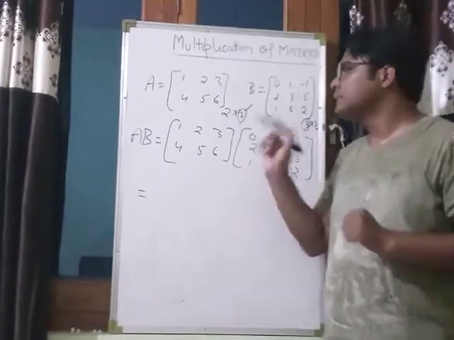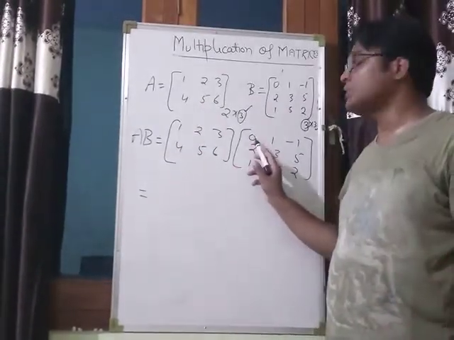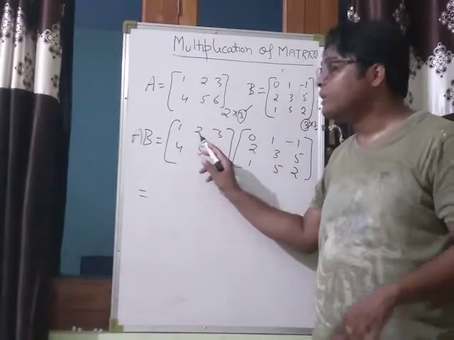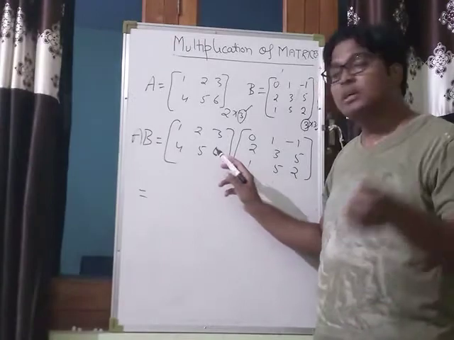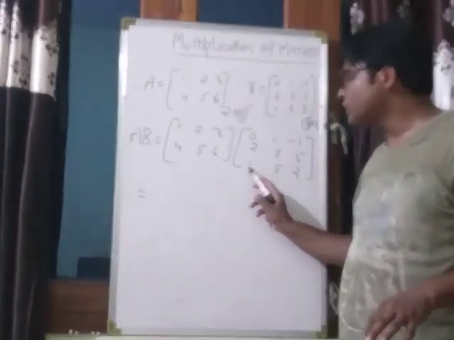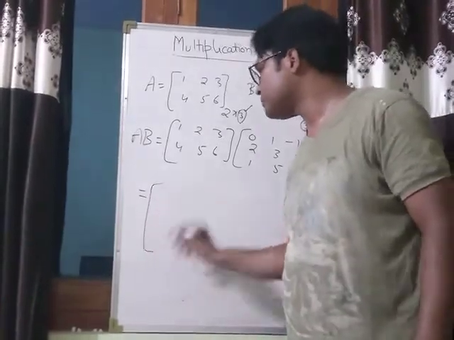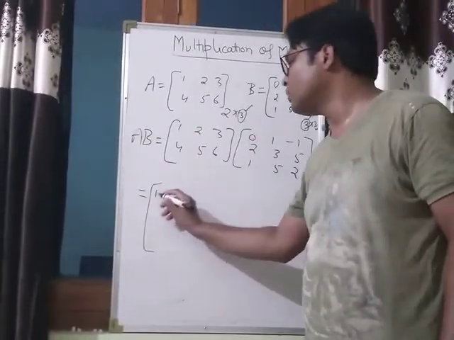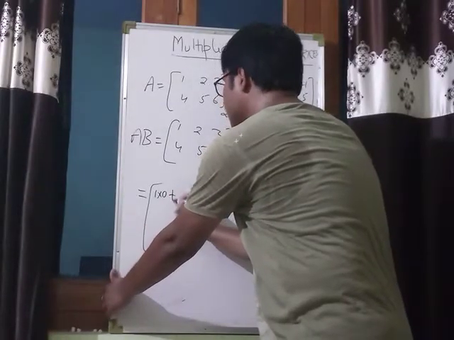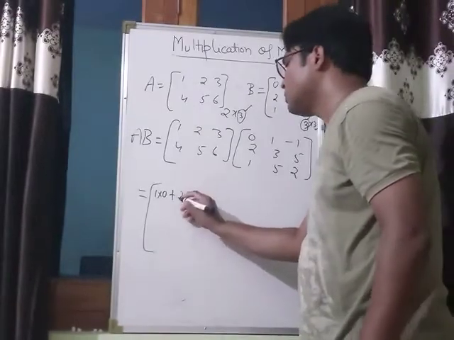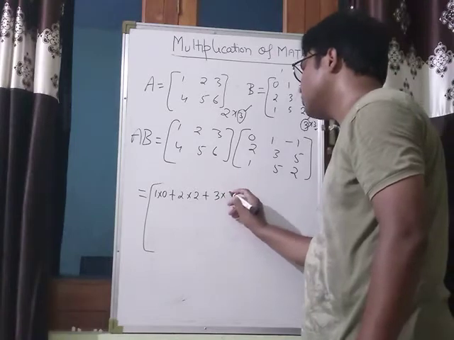How? See, this is the first element of the first row, this is the first element of the first column, second element of the first row, second element of the first column, third element of the first row, third element of the first column. We will multiply these and add. See, 1 into 0, plus 2 into 2, plus 3 into 1.